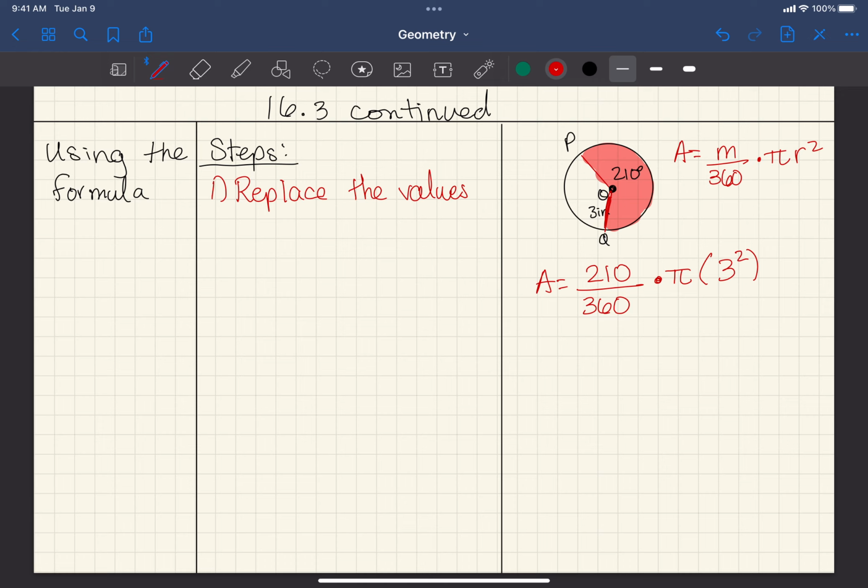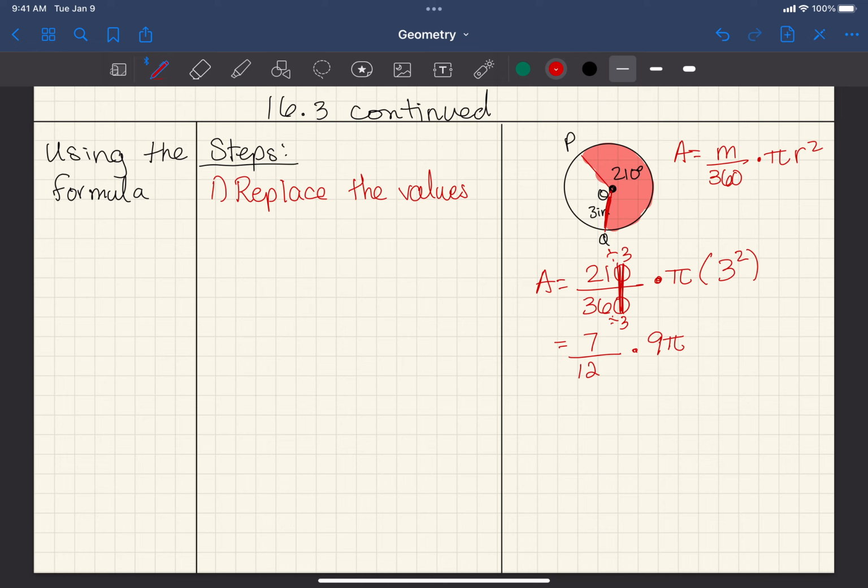And now I'm just going to go ahead and solve. So I can simplify. If I eliminate my zeros there, 21 and 36 can both be simplified by 3. 21 divided by 3 gives me 7, and 36 divided by 3 is 12, times 9 pi, right? 3 squared is 9. Green is to solve.